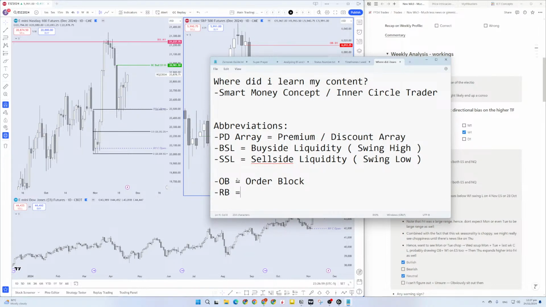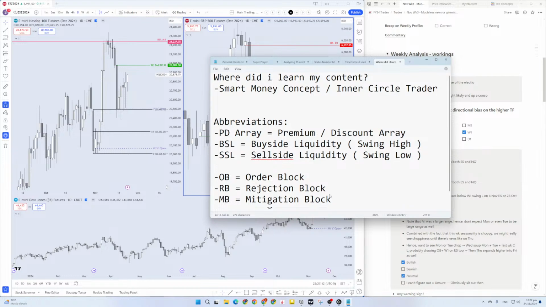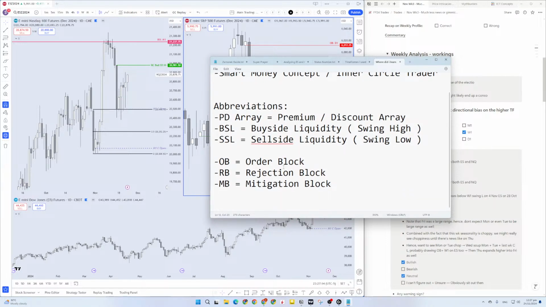RB stands for rejection block. There is also a MB, which stands for mitigation block. Again, I'm not going to show you what each of these means. Just know that if I indicate something like this, that means there's something there to take note of.